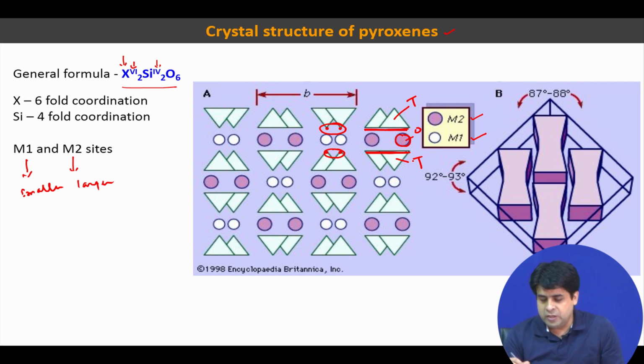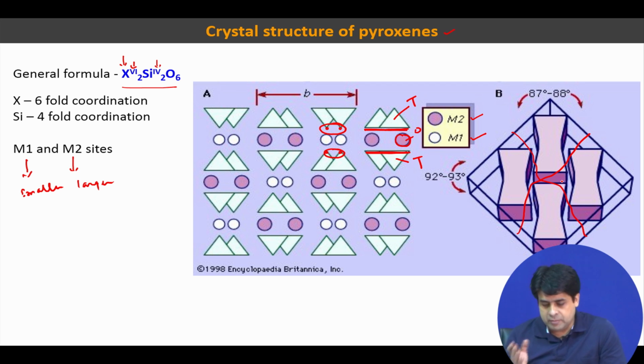So this is a TOT kind of structure, and if you look at this structure carefully, some kind of cleavage will form along the gaps between these tetrahedral sites, and this will be at close to 90 degrees.